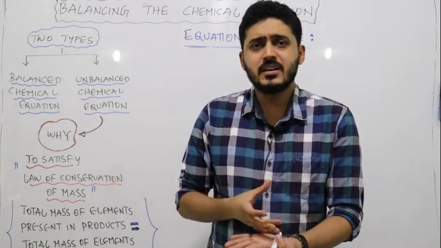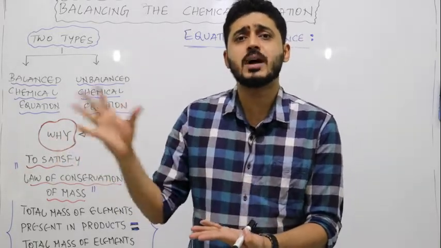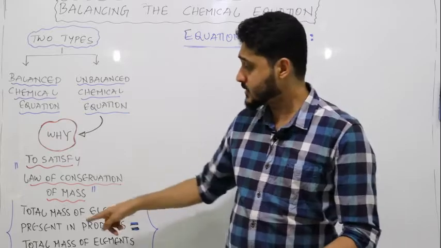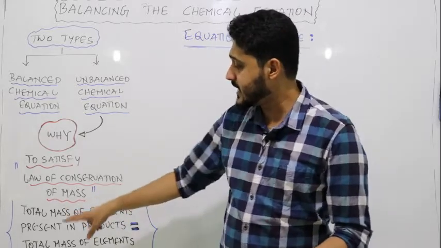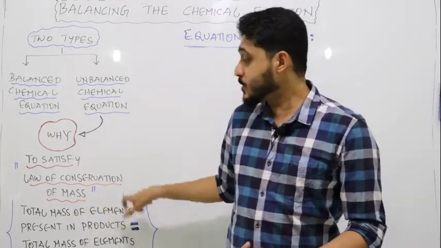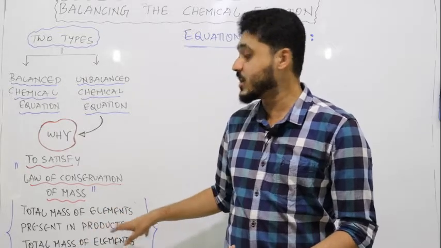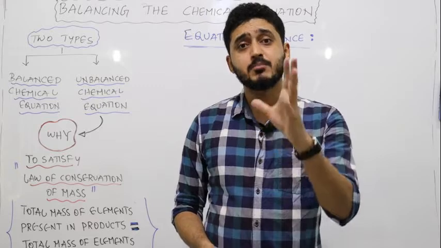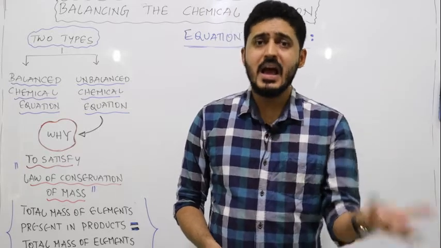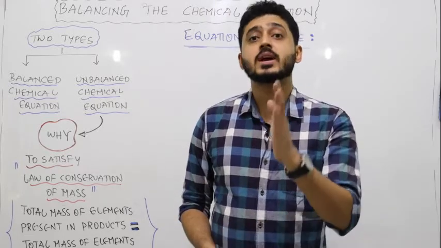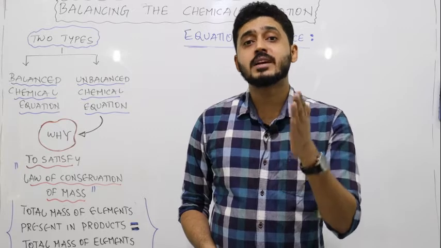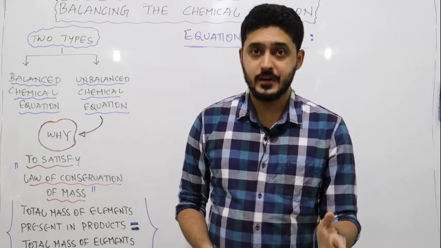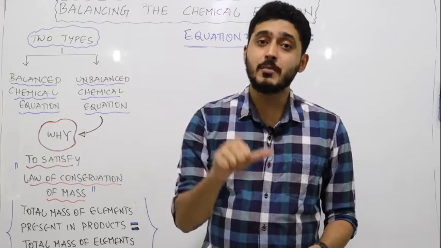That means the mass of the reactants should be equal to the mass of the products, meaning the total mass of the elements present in the product should be equal to the total mass of the elements present in the reactants. Once you get both masses equal in reactants and products, you can say the law of conservation of mass is satisfied. So what is the need to balance an equation?